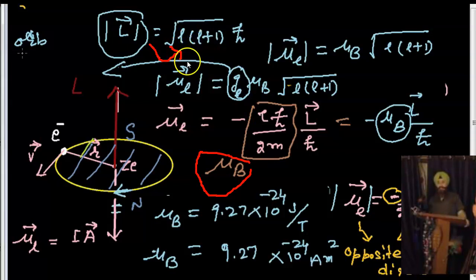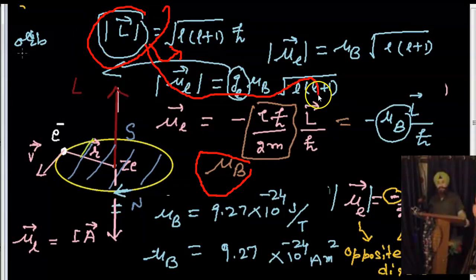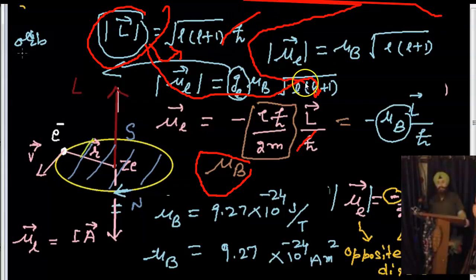Now substituting the value of L magnitude here in our case, mu L becomes Bohr magneton, then L magnitude divided by h cross cancels out. So this value becomes the magnetic moment.